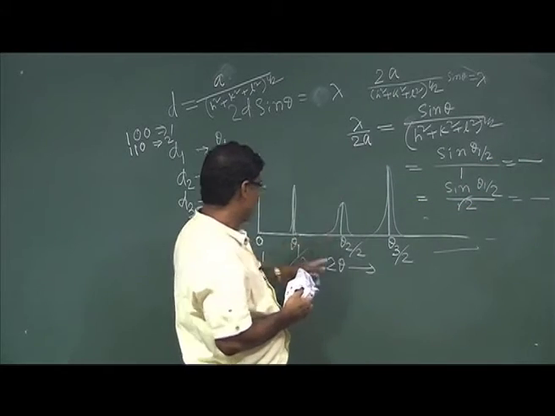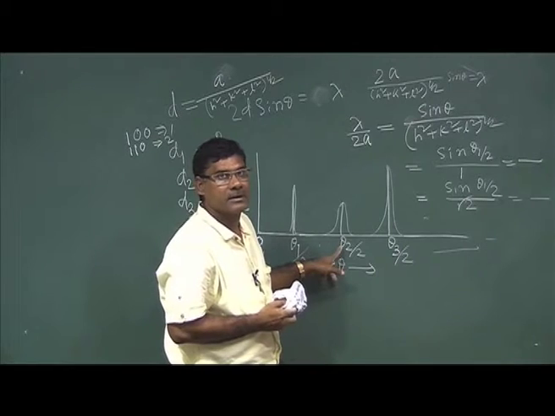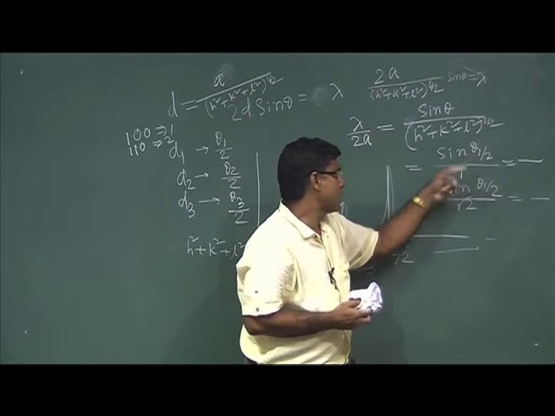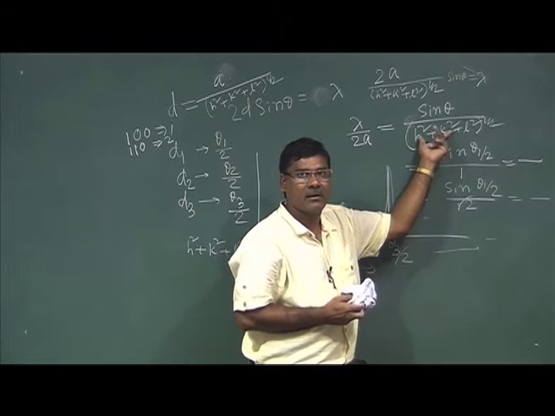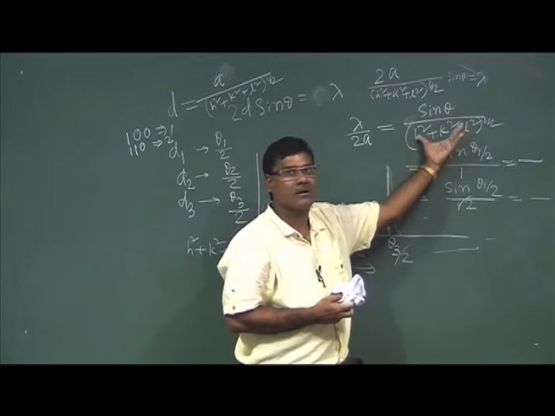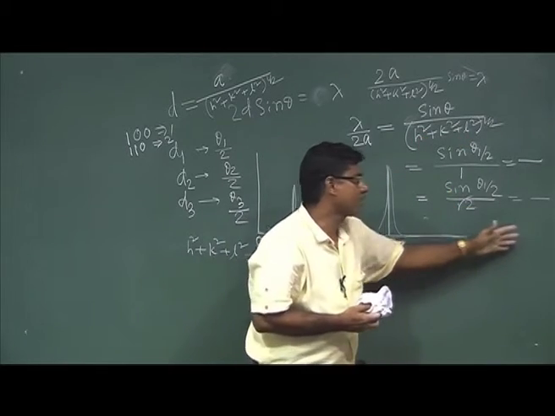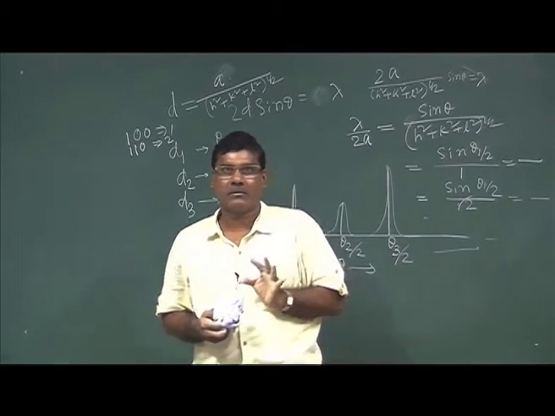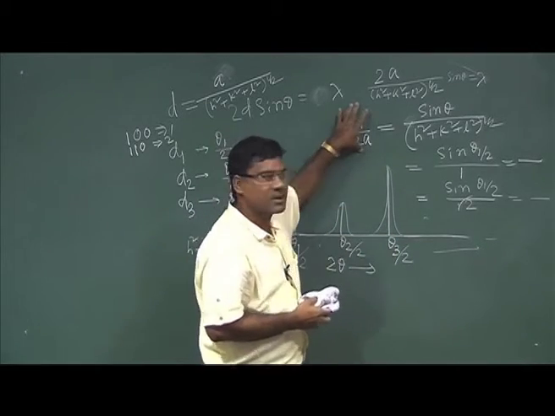Again I will take another peak, theta 2, and I will choose 1, 2, 3 and find out the values. For this peak also I will find out the values. Now, as I told, this has to be constant.